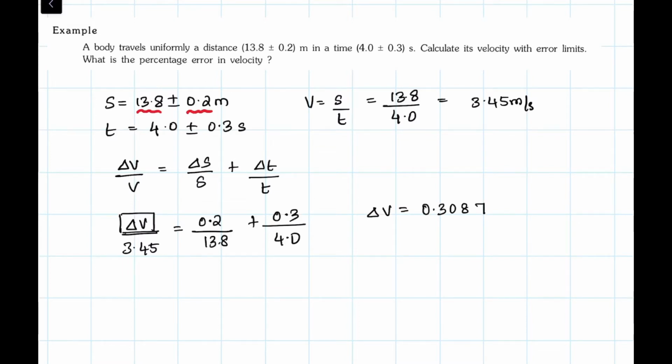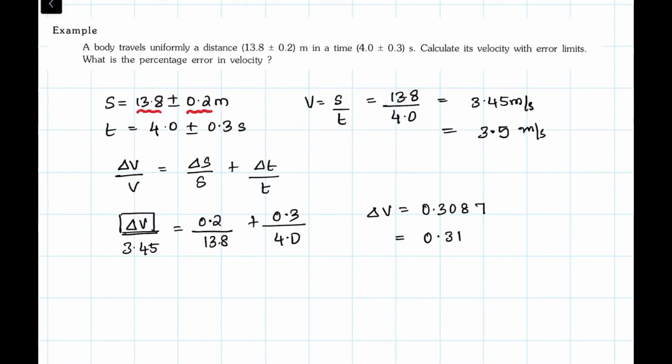And the next step is some rounding methods. So 3.45 you can round to 3.5 meter per second. Remember the rules of rounding. And the error part, how will you round? It should be rounded to 0.31.